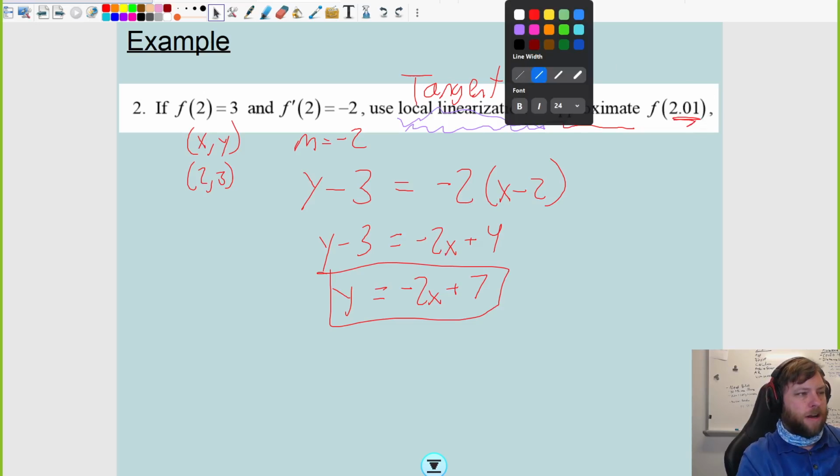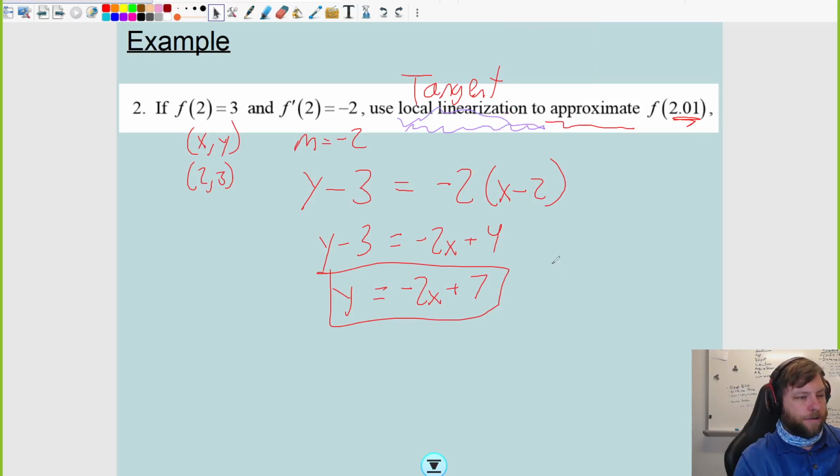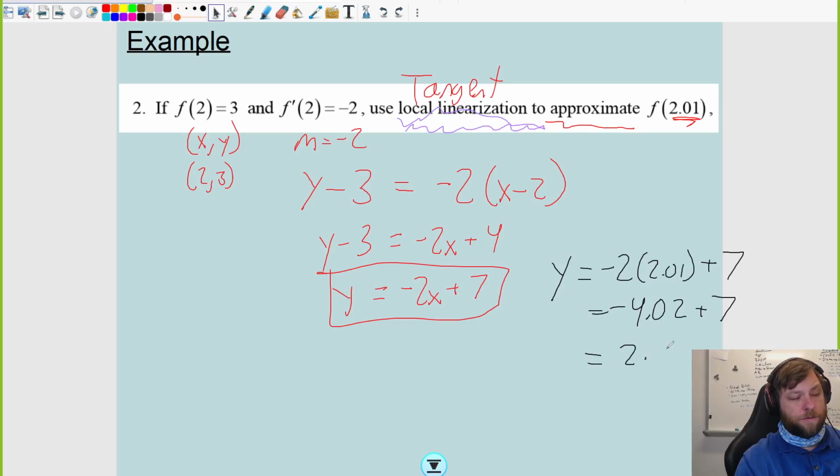And then you can approximate it by plugging in 2.01. So y is negative 2 times 2.01 plus 7, negative 4.02 plus 7, 2.98.